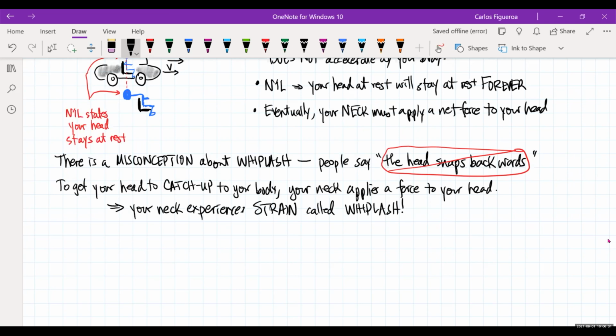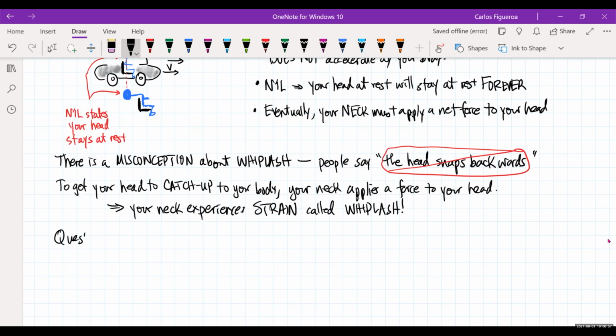It has nothing to do with your neck snapping backwards. And if you answer that way on the quiz or exam, I will give you 0, because there's a portion of you that says, oh yeah, your head snaps back. No, it does not. Your head does not snap back. It was always there in the same spot.